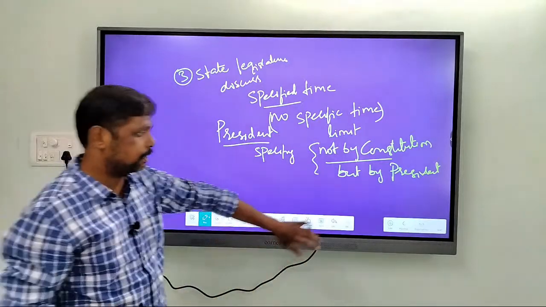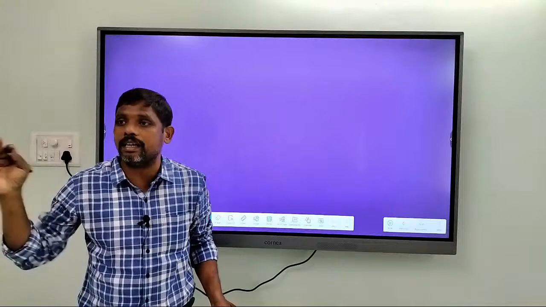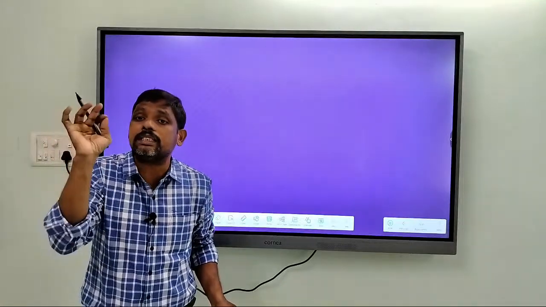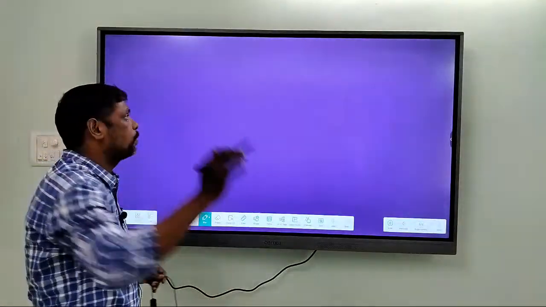Next point: the state may accept or the state may reject. The opinion of the state is not binding on the creation of new states. Very, very important.